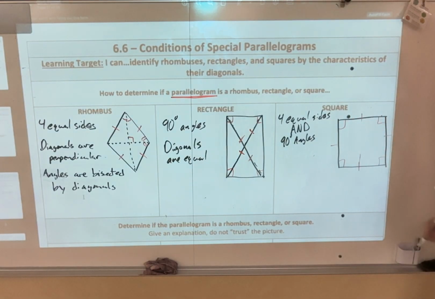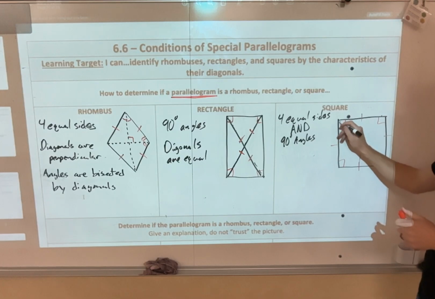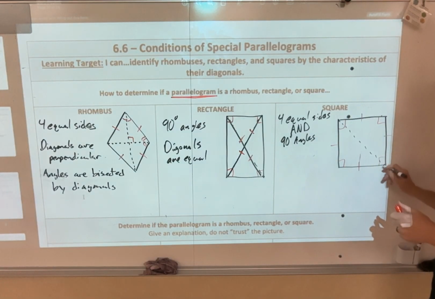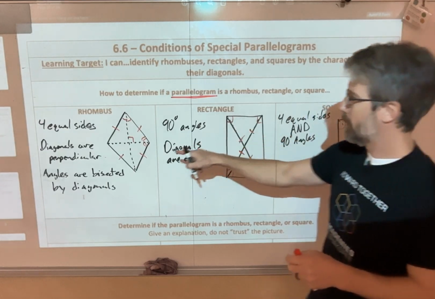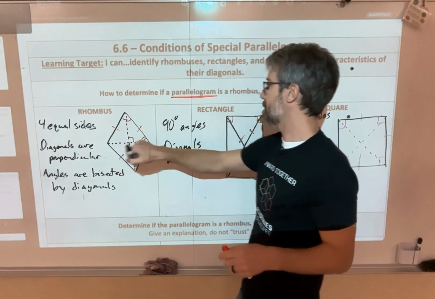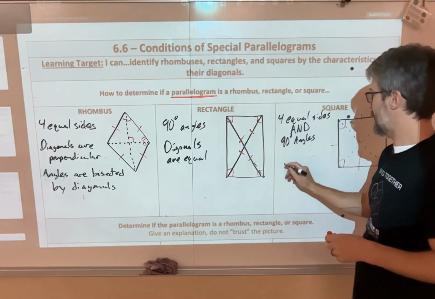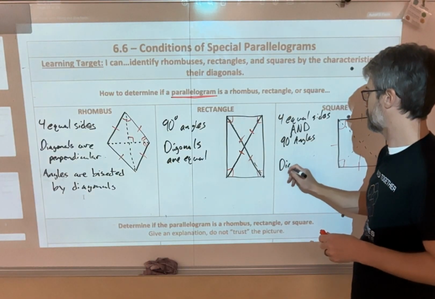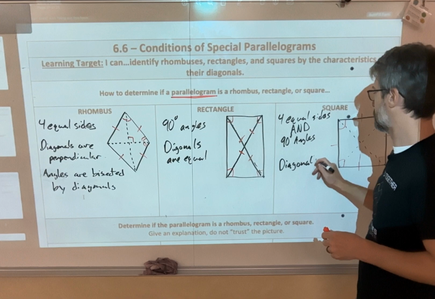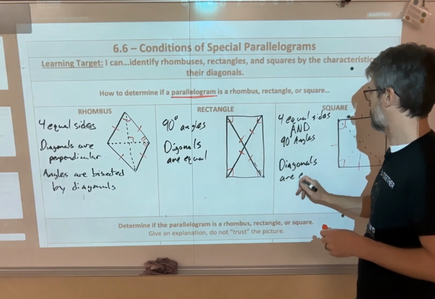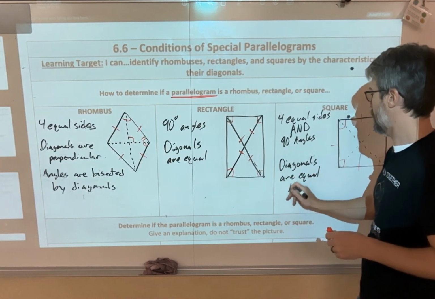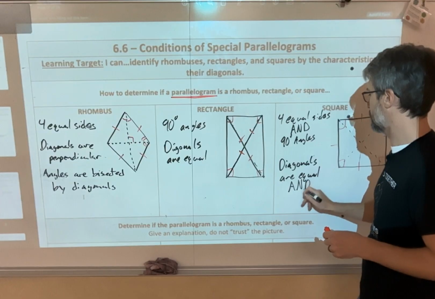So how do we tell this with the diagonals? Well, it is a combination of our rhombus diagonals and our rectangle diagonals. So the diagonals are equal and perpendicular.